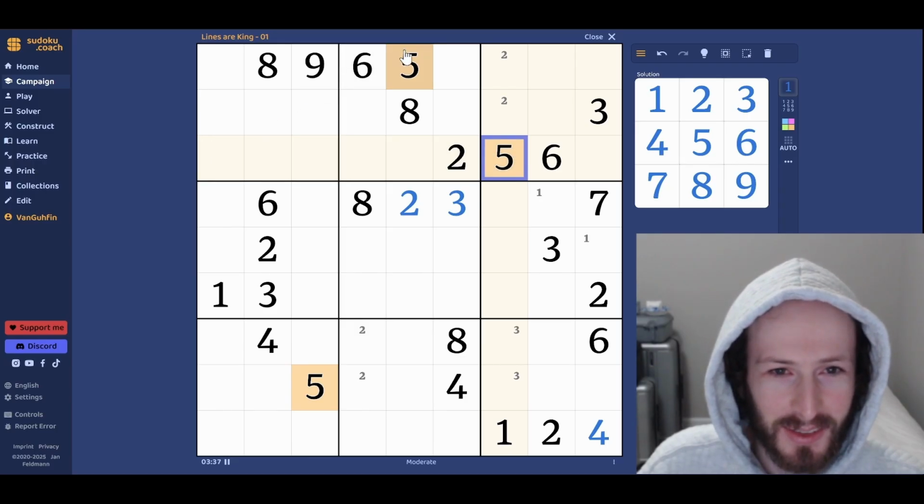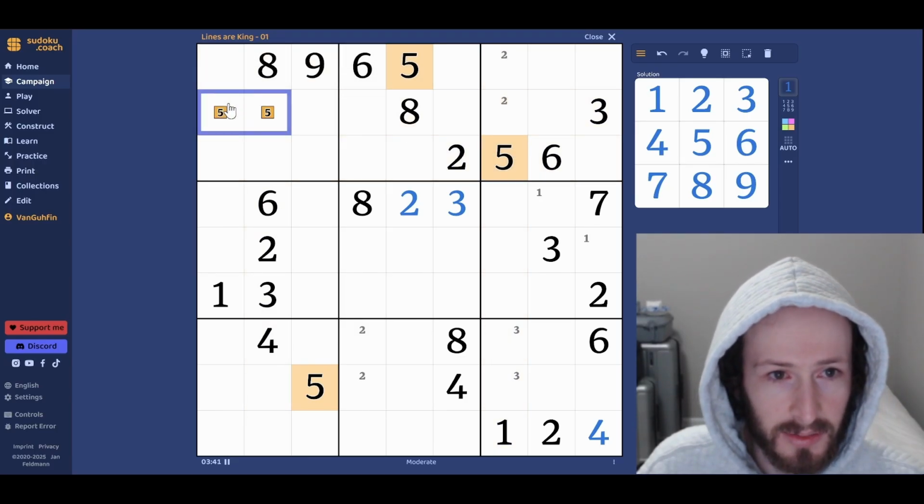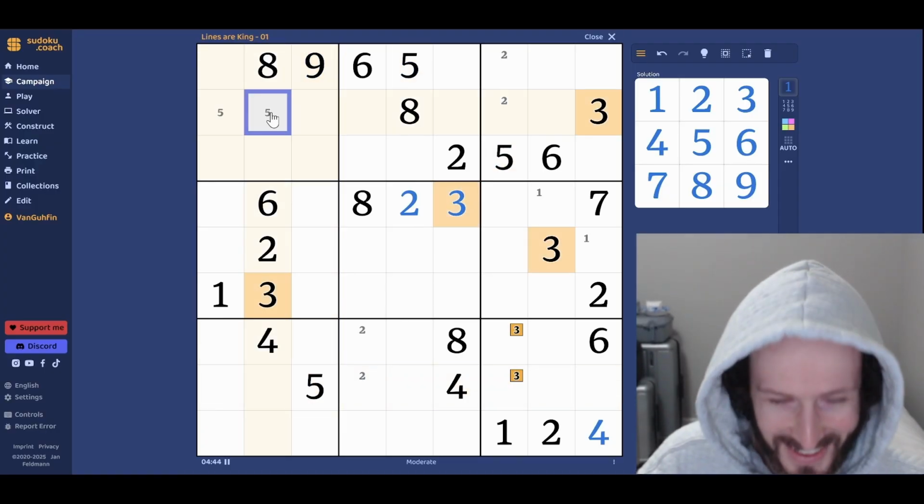Alright, 5s. One of these 2 numbers is a 5. And since I'm looking at these 3 blocks, 5's here, okay.